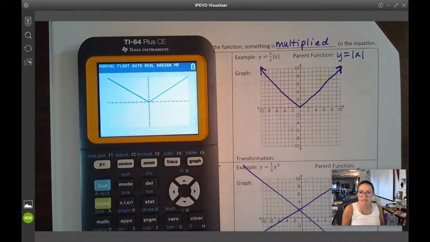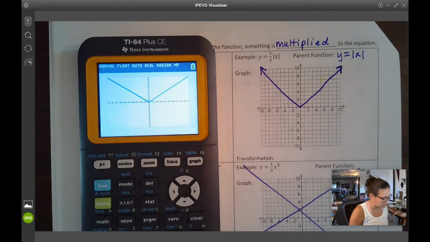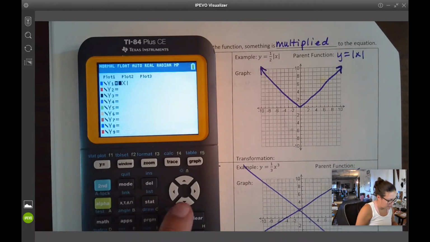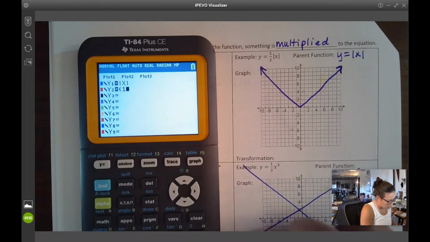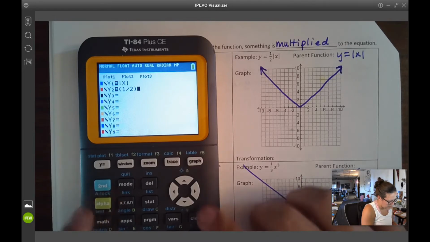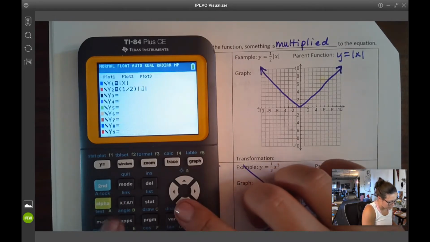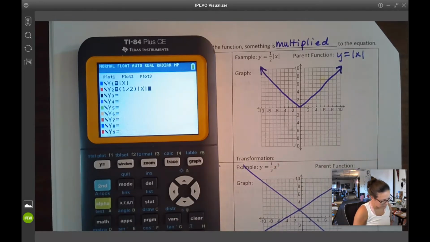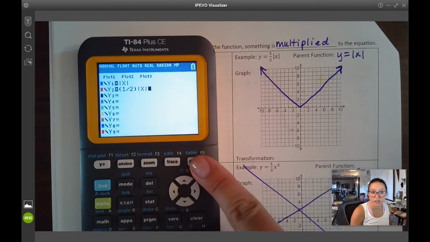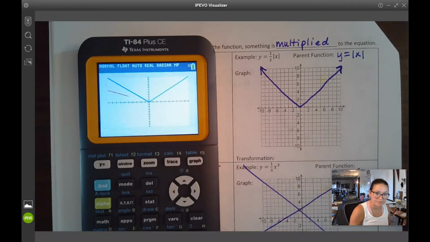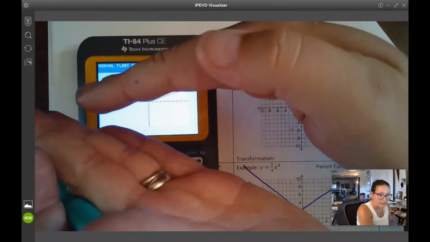So take a moment to sketch that, because it's good to be able to compare it to the original version. Okay, now I'm going to do 1/2 times the absolute value of x. I'm going to hit graph. Notice that this time the graph is flatter.